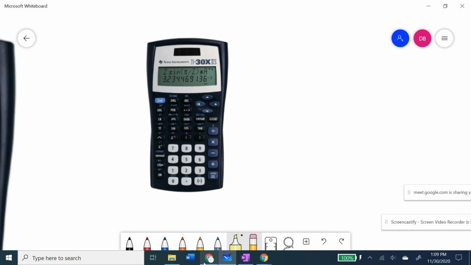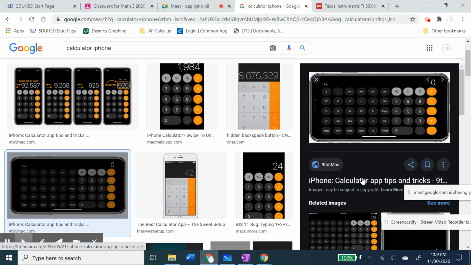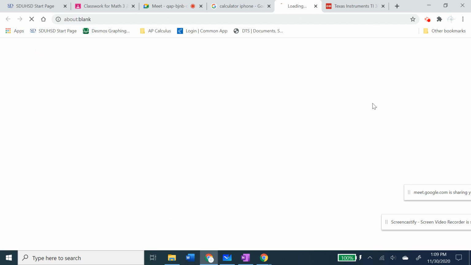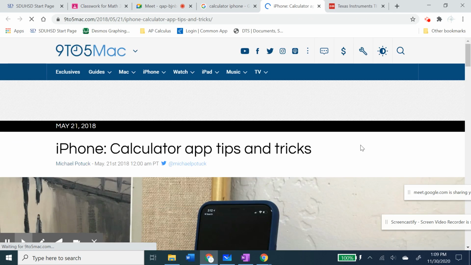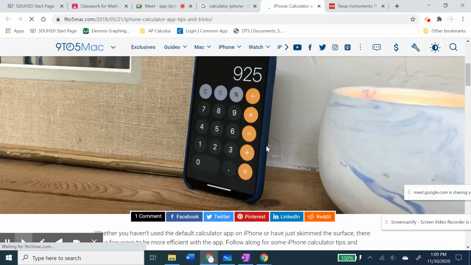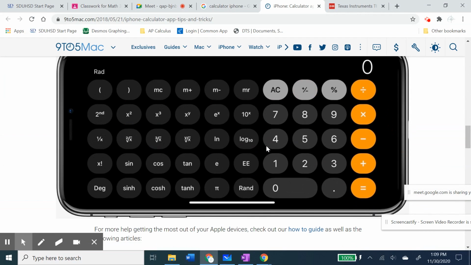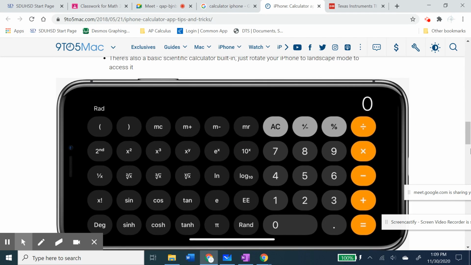I hate it when it does that. I wonder if it will be kind enough to just show it. Oh, there we go. That's what I wanted. Okay.